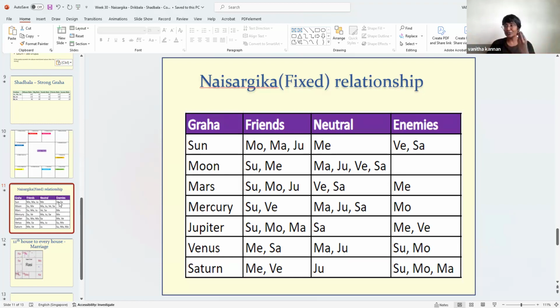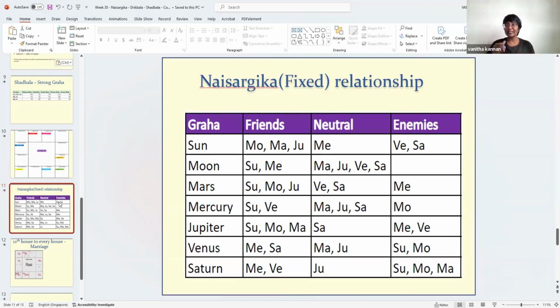So three people. Moon is the wife, right? Don't consider this a physical relationship. I'm just giving the sun and moon as the mother and the father, so that you get an idea. So the sun needs the moon, he needs the commander, and he needs the guru. So moon, Mars, and the Jupiter are friends to sun.